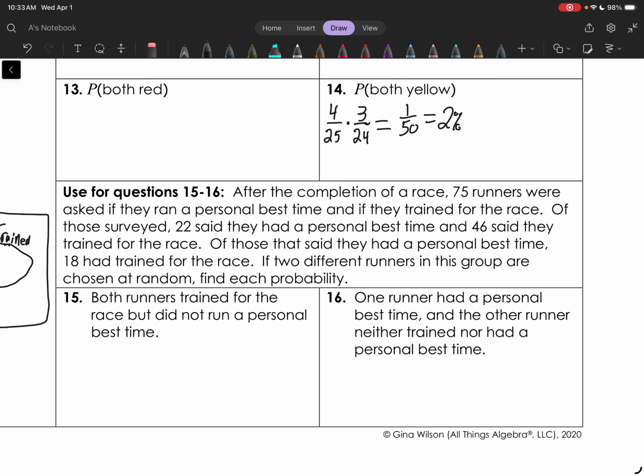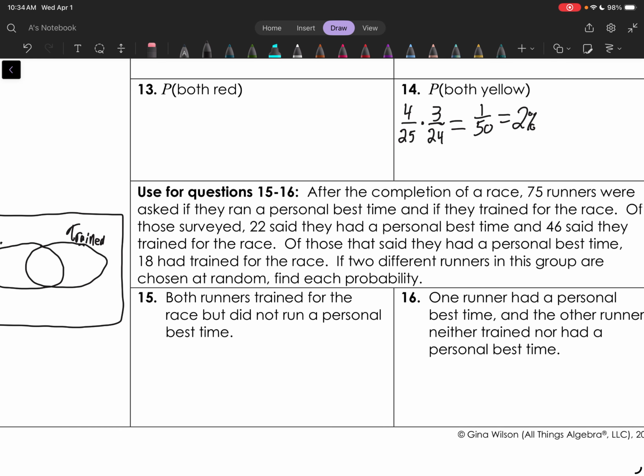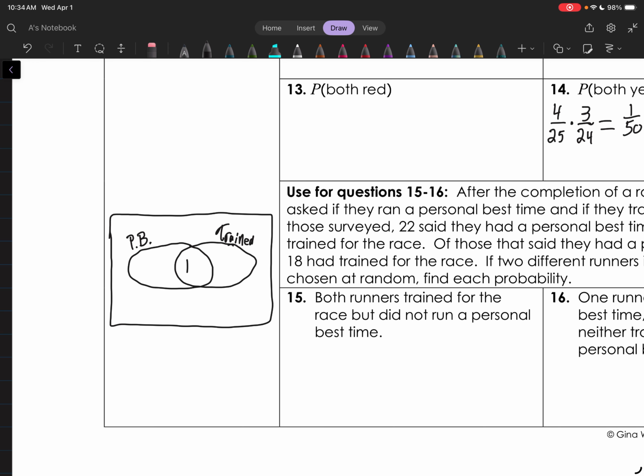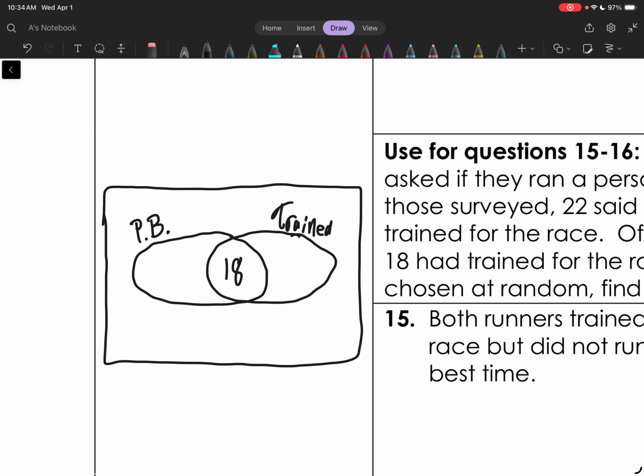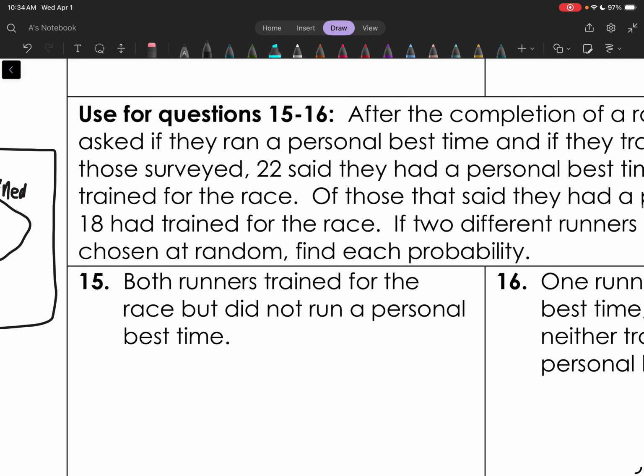Of those surveyed, 22 had a personal best, 46 trained. Of those that had a personal best time, 18 had trained. So in the middle, I'm going to put my 18 people. For personal best, it is going to be 22 minus 18 to get 4 people had just a personal best. They did not train for it.